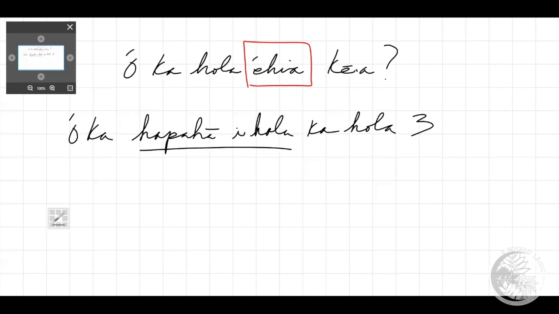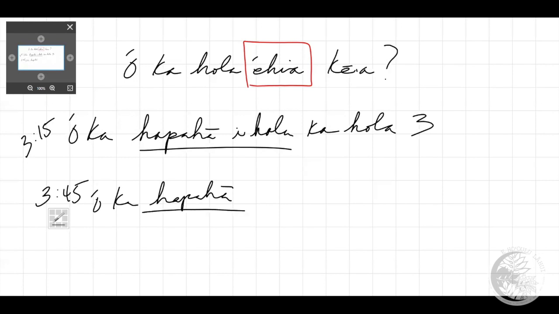Now, this, of course, would be 3:15. What if I wanted to say 3:45? Likewise, o ka hapaha. But instead of past, we have to express the idea a quarter before.